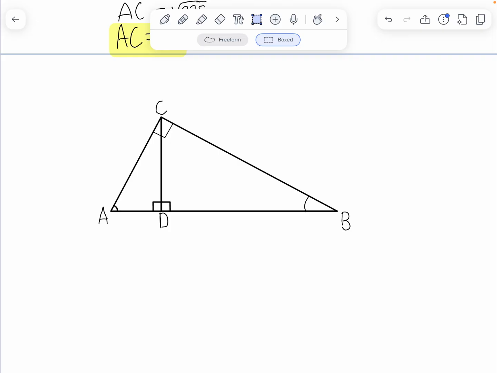Okay, so for question 3, it asks, in right triangle ABC, angle C is 90.